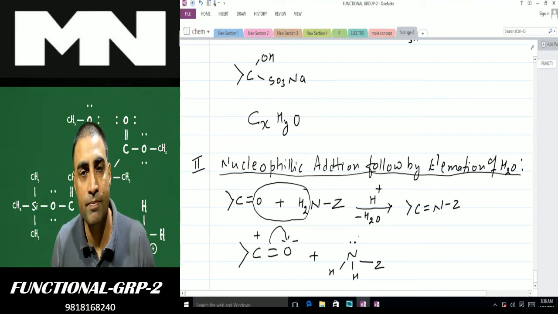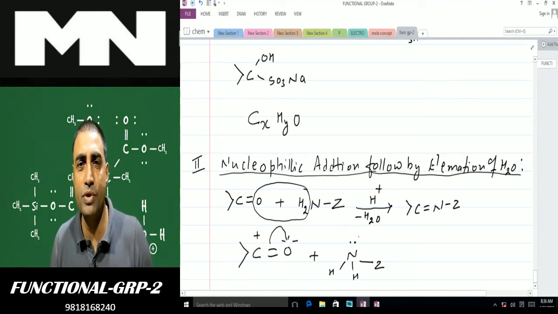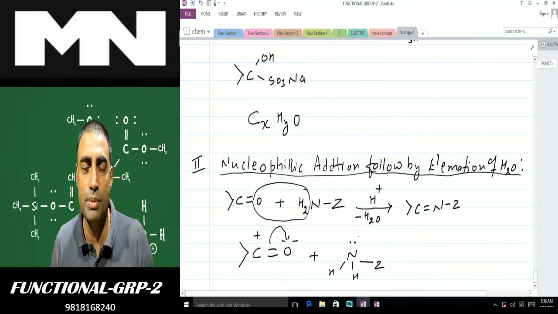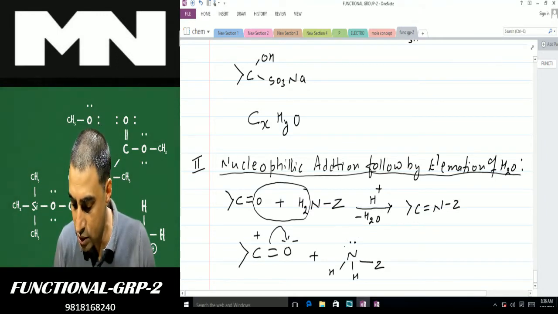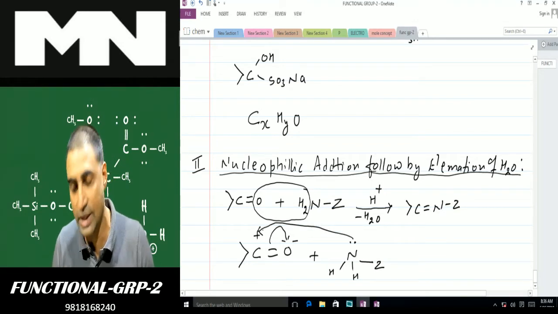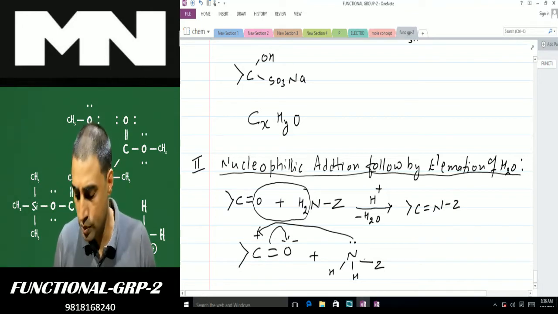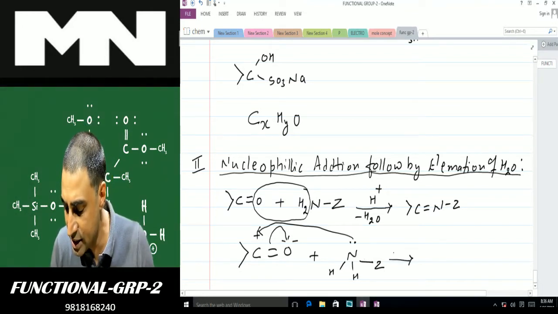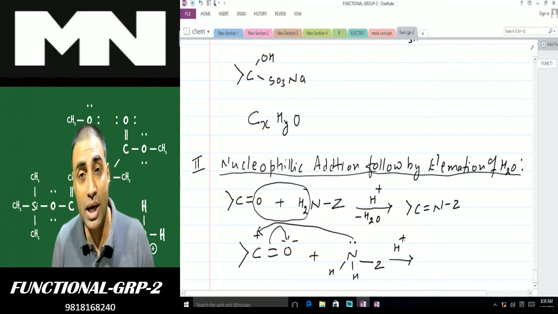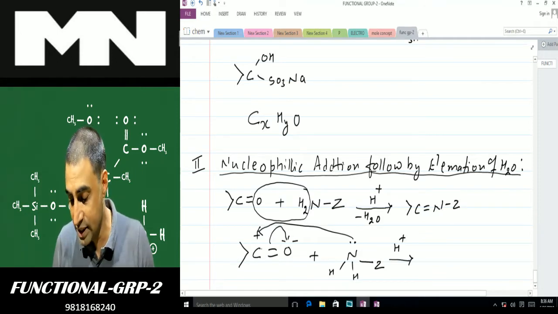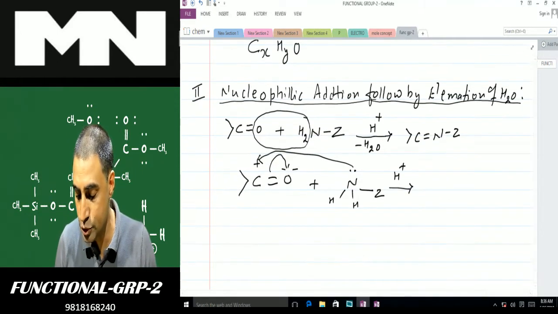Although it is not a negative nucleophile, it is a nucleophile because it has a lone pair of electrons and it has a tendency of donating that lone pair to a carbocation. So it can donate it to this carbocation. Now since it is a weaker nucleophile, the rate of reaction is slow. By maintaining slightly acidic pH, I increase the positive charge on the carbocation. Let me show you how the reaction proceeds.